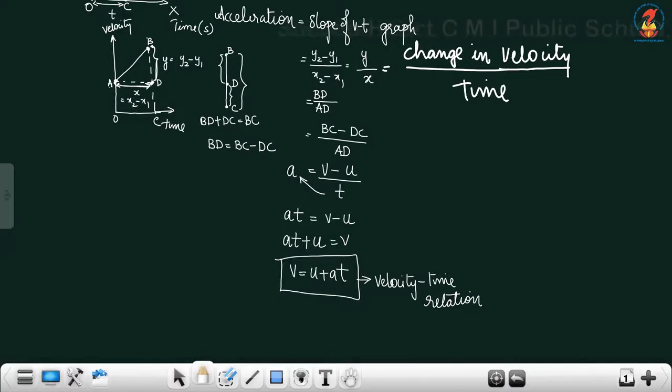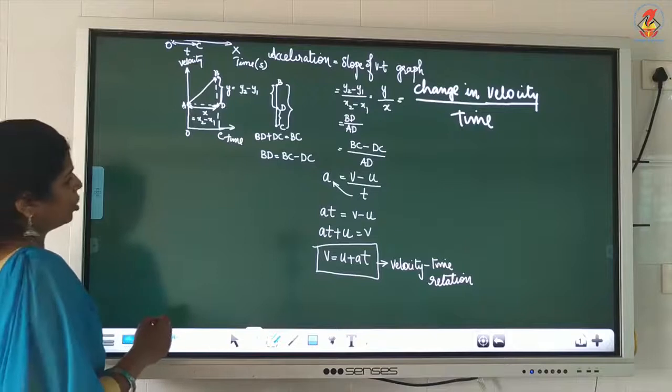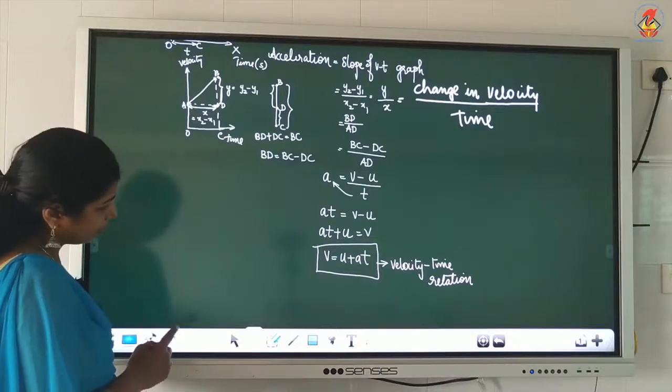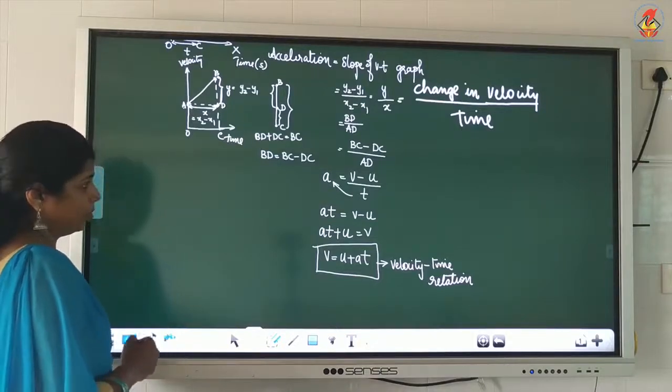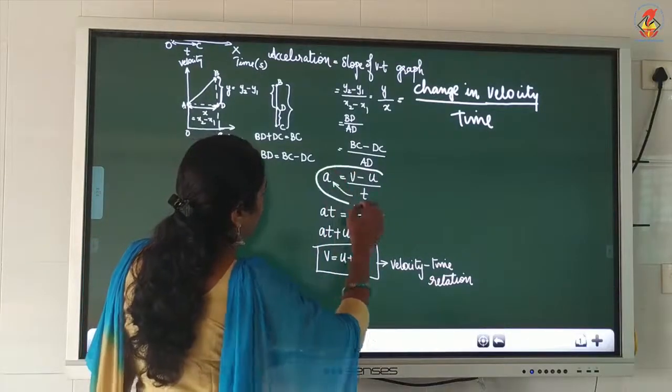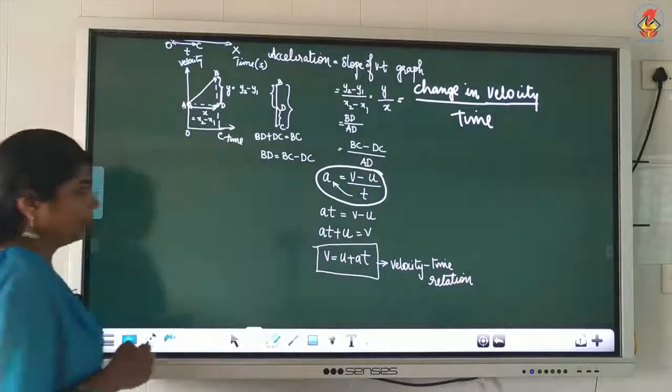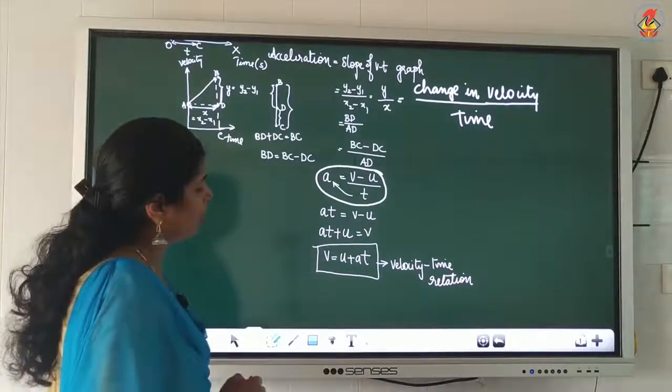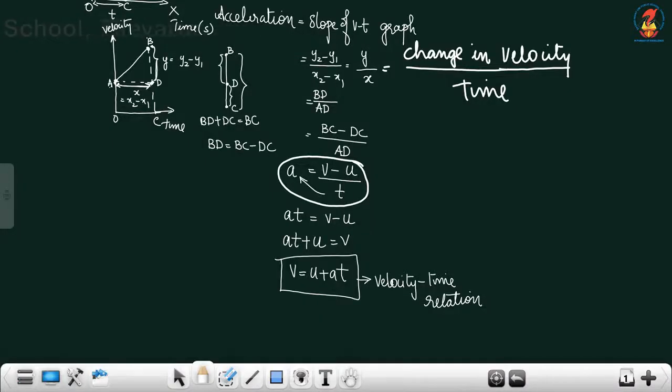From this equation we can find acceleration: A equal to V minus U by T. Initial velocity you can find out using the equation V equal to U plus AT.